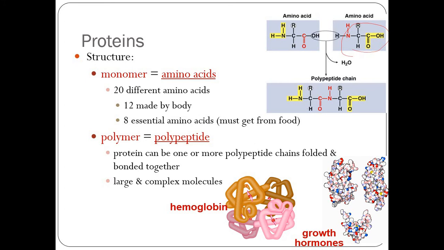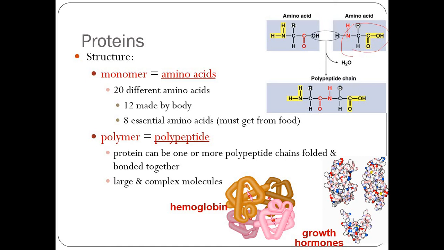So proteins are large and complex molecules, which is why we try to deduce this complex structure by using different levels like primary, secondary, tertiary, and quaternary levels of structure.